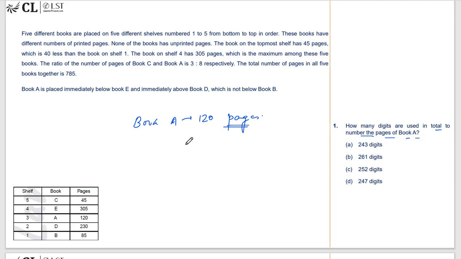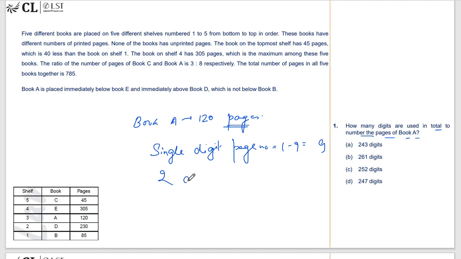And since the number of pages is 120, there'll be a couple of pages where the count is of three digits. So we need to count the digits that have been used. Single digit page numbers, we would have 1 to 9. So there would be 9 digits used here.